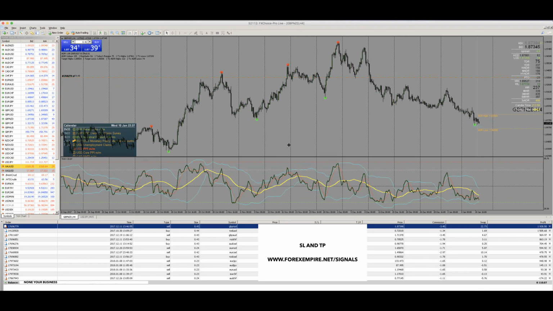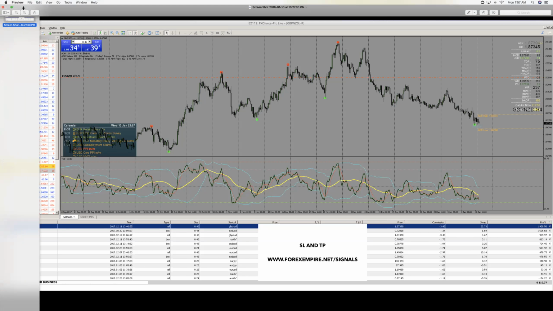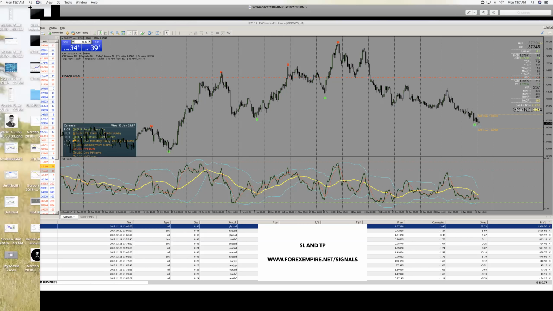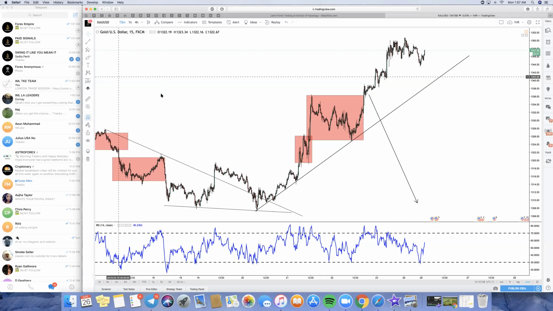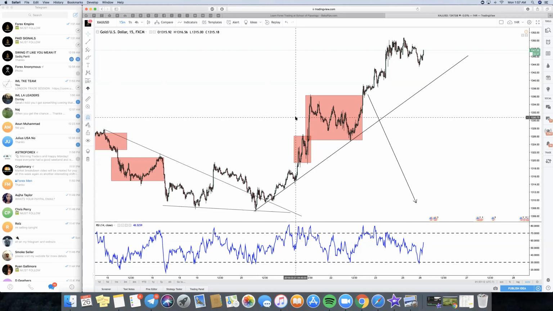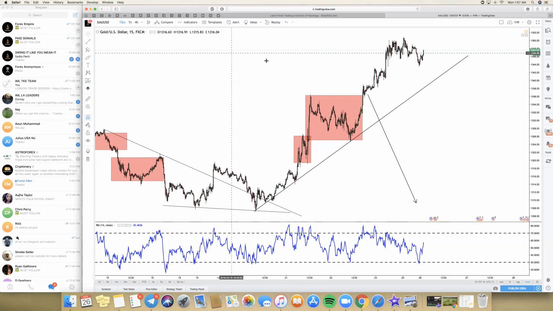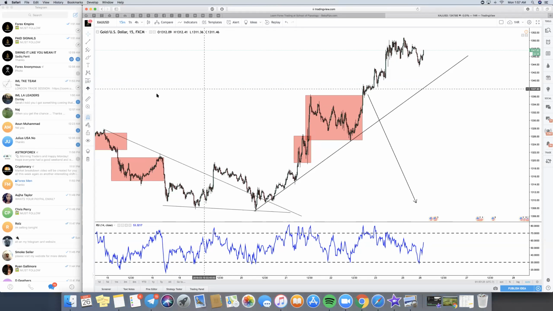This is what I use on my laptop, and this is what I use on the computer. So TradingView here on my computer, and on the laptop I have a chart open, so I kind of do multiple views on it.